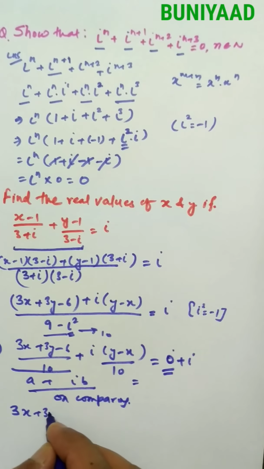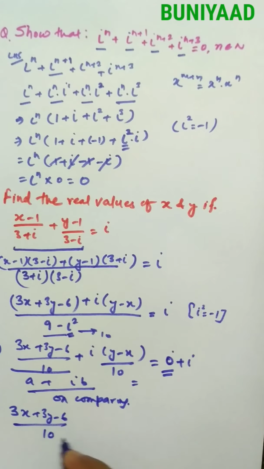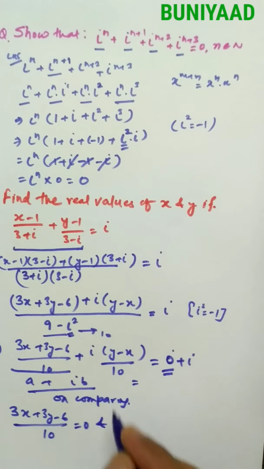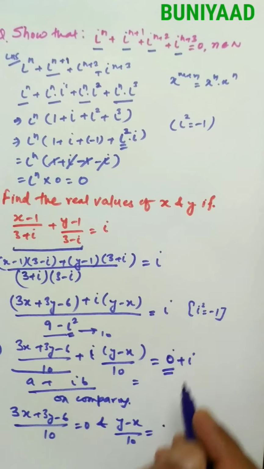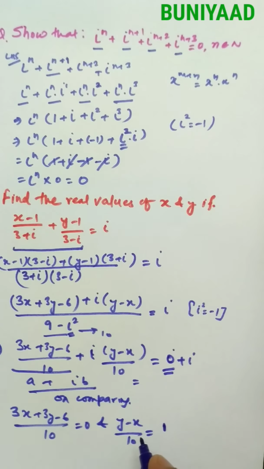So (3x plus 3y minus 6) upon 10 equals 0, and (y minus x) upon 10 equals 1.